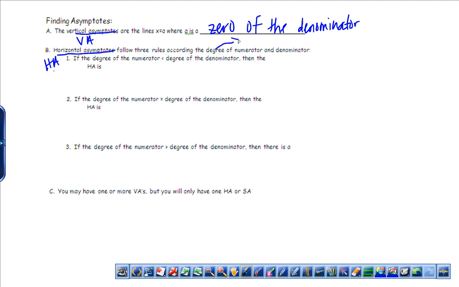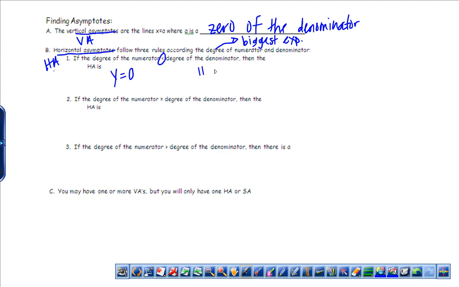Remember, the degree is going to be the biggest exponent. Out of our 3, it says if the degree of the numerator is smaller than the degree of the denominator, then the horizontal asymptote is always, always, always y equals 0.